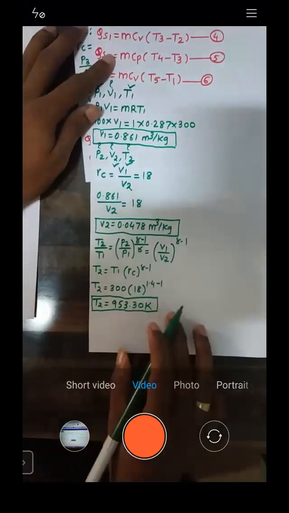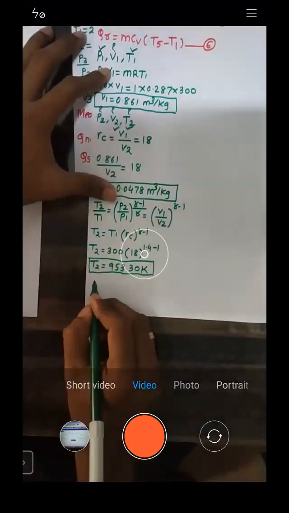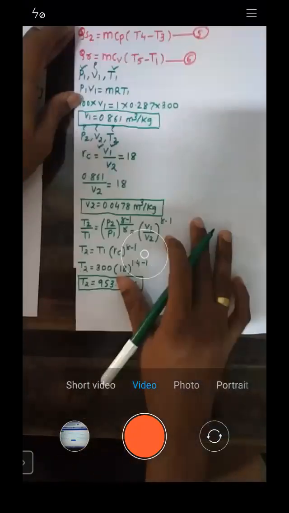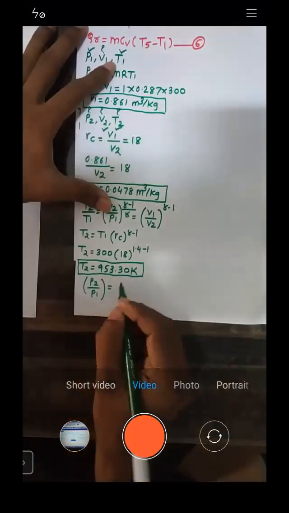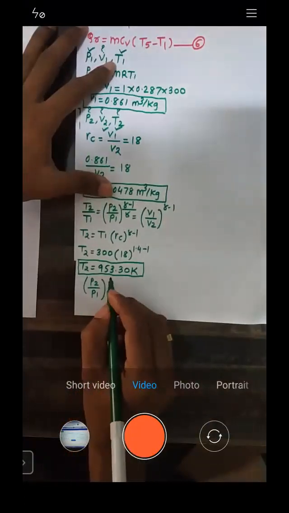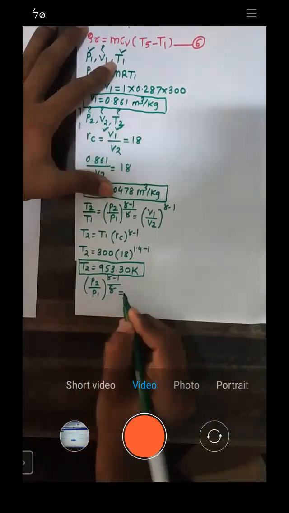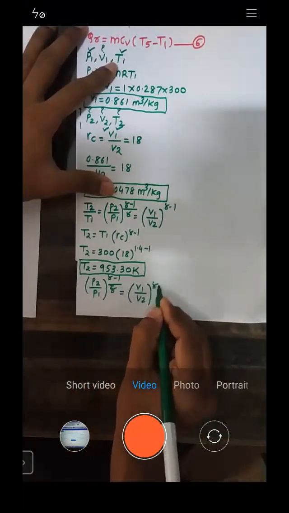How to get P2? I will equate these two expressions. P2 by P1 raised to power gamma minus 1 by gamma is equal to V1 by V2 raised to power gamma minus 1.